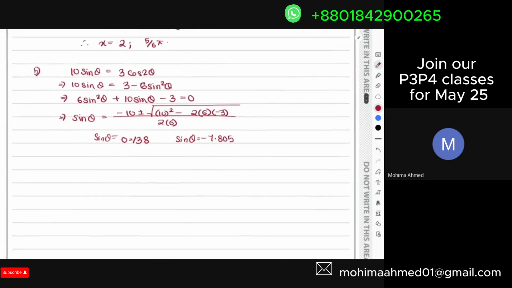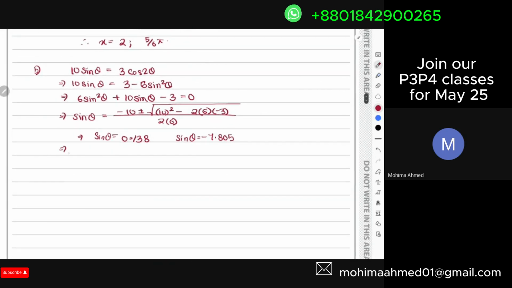So after this, we write the value for theta as sine inverse 0.138. Sine inverse 0.138, yeah, we're getting one magnitude as 7.93.